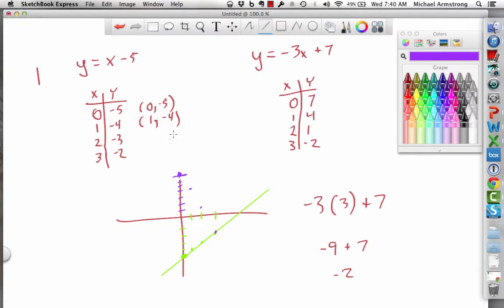And then I draw this one, and there's one point in common right here. And that point is 3, negative 2. So the system of equations has the two lines crossing at that one point. That's the key idea. You have to solve both equations and graph them.